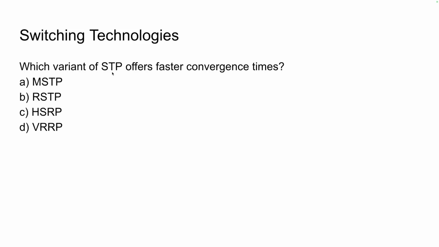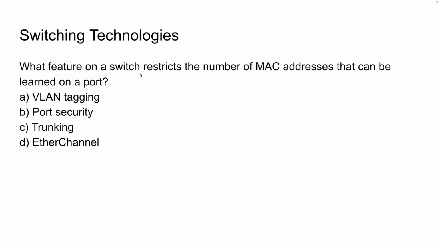Which variant of the STP offers faster convergence time? So the spanning tree protocol, and if it's faster, it means it's rapid, right? So it's the rapid spanning tree protocol. Which feature on a switch restricts the number of MAC addresses that can be learned on a port? So it would be port security that restricts the number of MAC addresses that can be learned on a port.